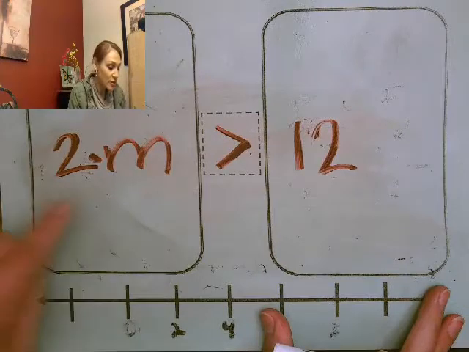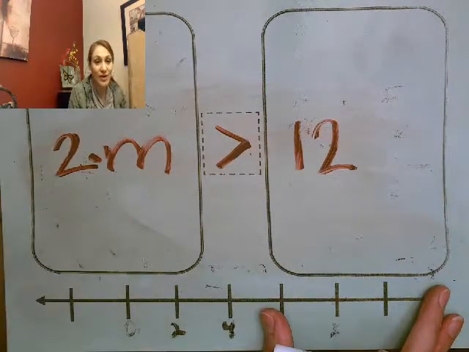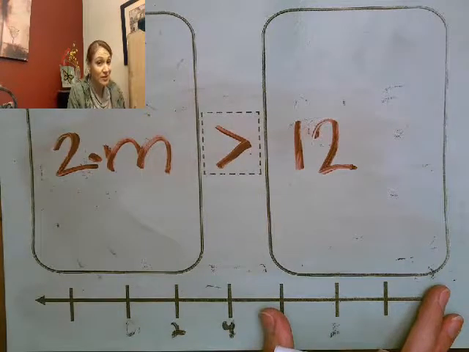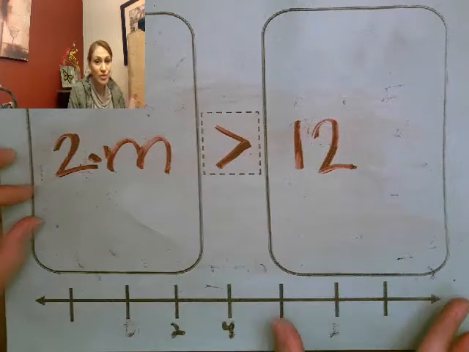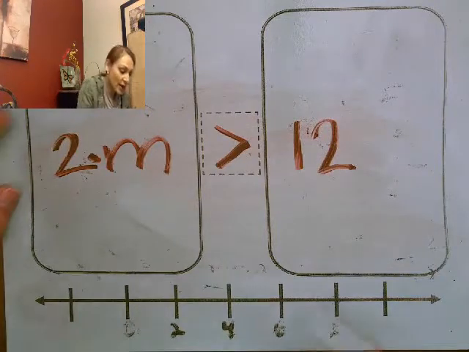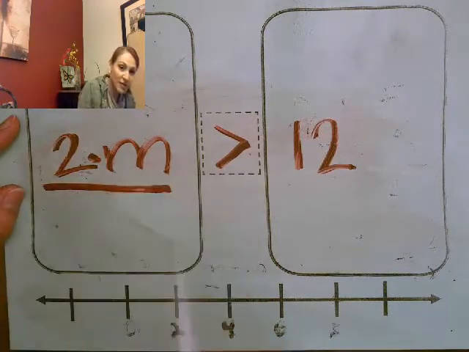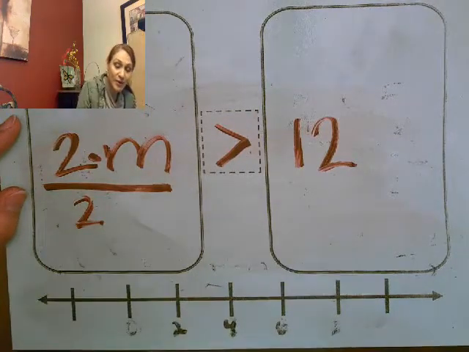Since I'm multiplying the 2 by the m, in order for me to get rid of that 2, because I want to isolate the m, I do the inverse of multiplication. What's going to undo multiplication, or what's the opposite of multiplication? Well, I'm going to divide. Remember, that fraction bar means to divide. I'm going to divide by 2 because that's what I'm trying to get rid of.